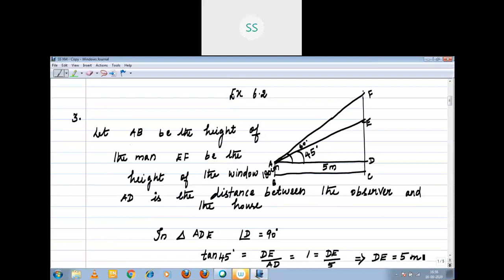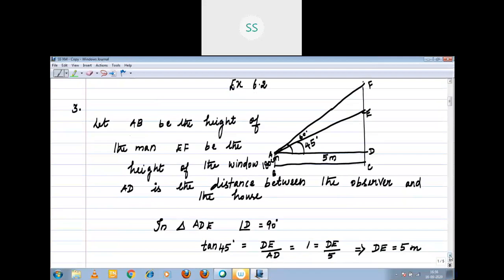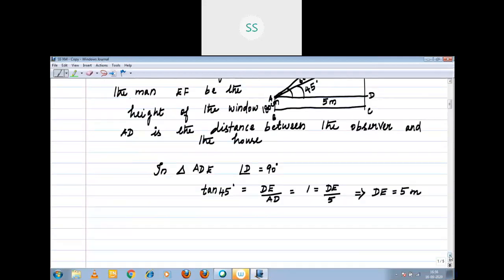Now, in triangle ADF, they are expecting only height of the window, right? So we want to see only that. In triangle ADF, this is also a right triangle.